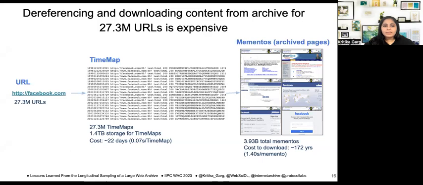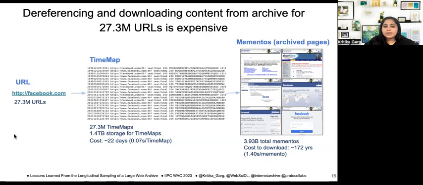The other takeaway from sampling for us is that dereferencing and downloading content from the archive for 27.3 million URLs is expensive. For these 27.3 million URLs, we had to download all the time maps, which took us 22 days and 1.4 TB of storage space. And these time maps contain just the metadata about the memento. It's not the actual content.